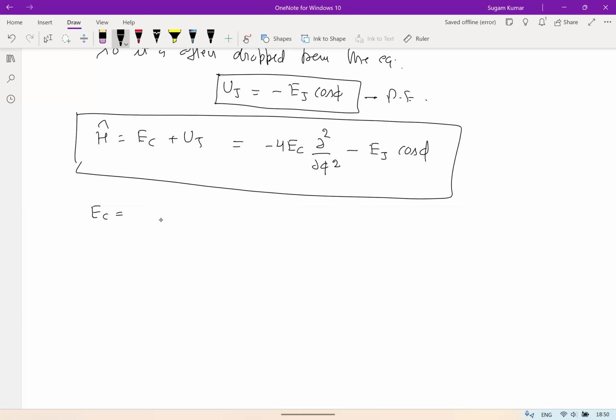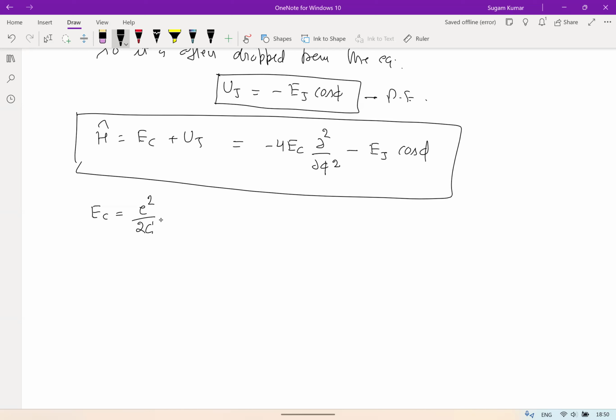Anybody tell me what EC is here? Capacitance energy. That is the charging energy, correct? E square by 2C. I'm asking again because this is a term you have to deal with till the end, this charging energy.